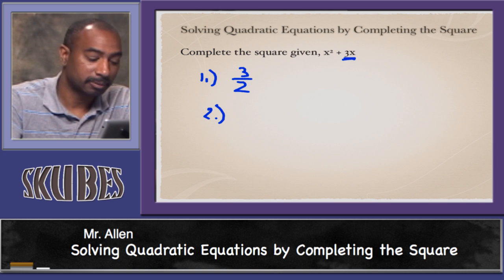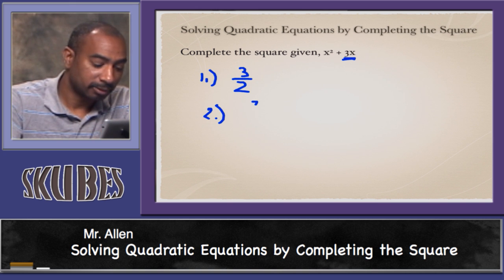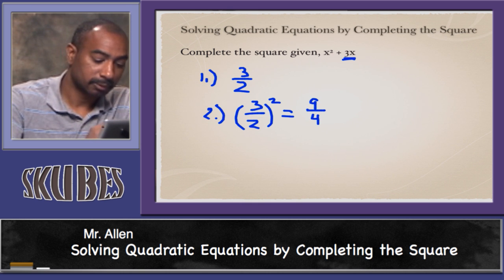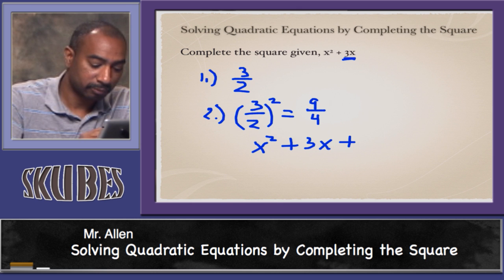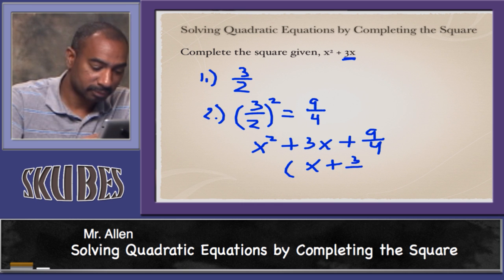Make sure it's reduced though, so 3/2, and then you're going to square the result. So 3 times 3 is 9, 2 times 2 is 4. So you get 9/4. That's what completes the square. So you get x squared plus 3x plus 9/4. Or I can write it as x plus 3/2 squared.